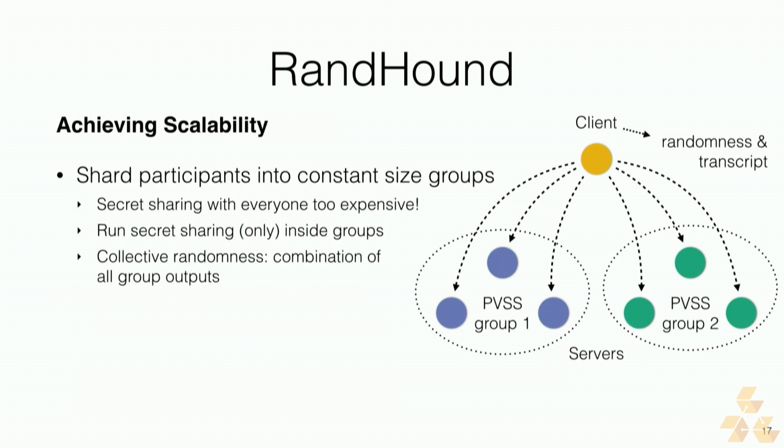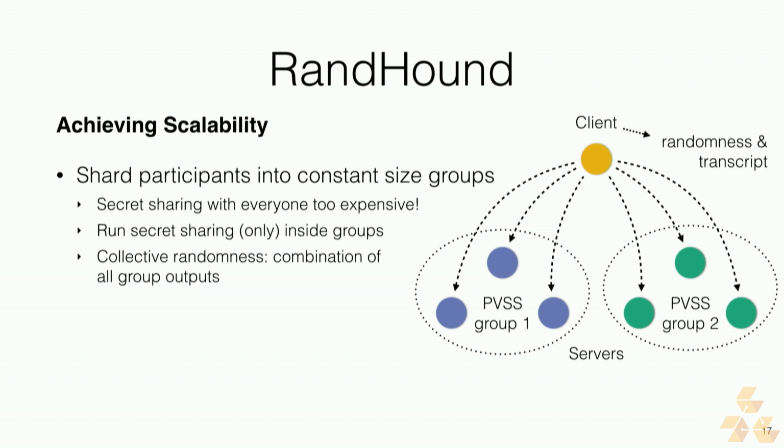So to achieve scalability, in RandHerd, the output is a function of all the input values from all the servers. And the secret sharing allows us to deal with a certain number of unavailable servers in that scenario. However, if I have hundreds or thousands of servers, then the secret sharing among all servers is very inefficient.